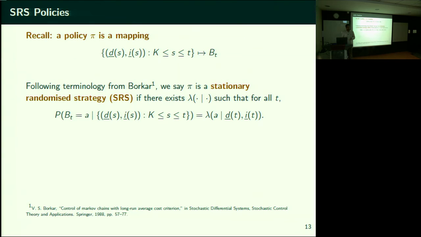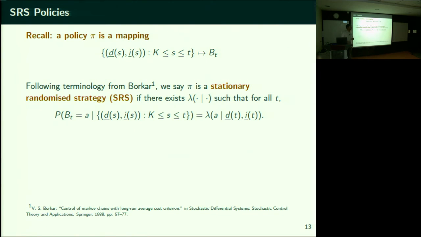BT, not DT. BT is your action. Yes, your control action. So what is the question? What is Markovian? To maintain or remember the evolution of BT or just the current state? So I could potentially select arm BT based on whatever I have selected in the past as well. But what I'm saying is, if it is a stationary randomized strategy, an SRS policy of a particular type here, then it selects arm BT only based on the previous delays.